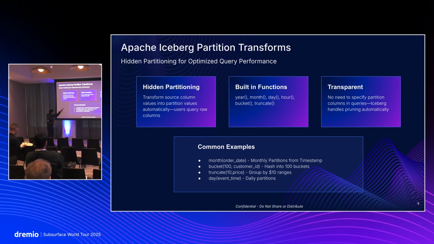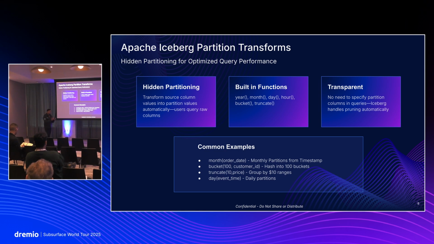So what are some common examples of partition transforms? You can do days, months, or years of a timestamp. You can do a bucket. Sometimes you want to partition on customer ID, and in Parquet that could be too much overhead because customer ID is very high cardinality. In Iceberg, you can do a bucket, so it would create, say, 100 buckets and spread the data over them.